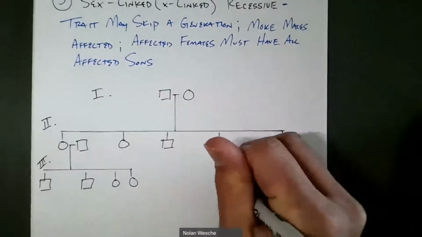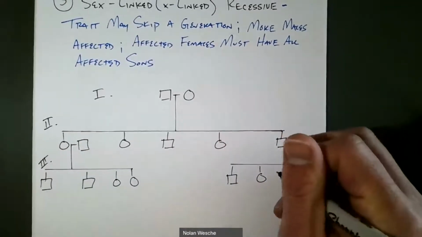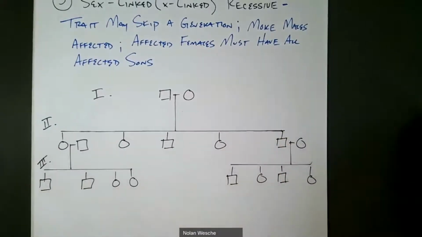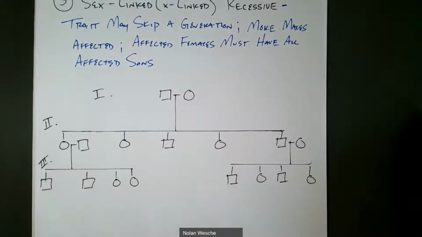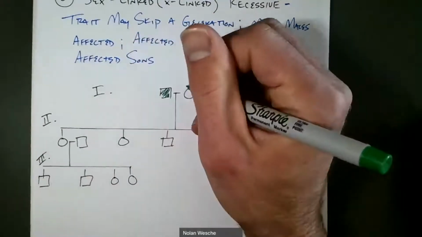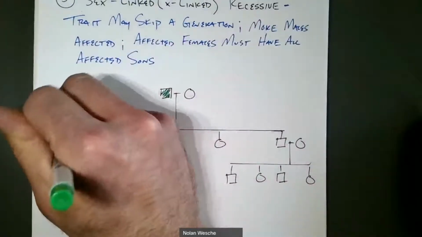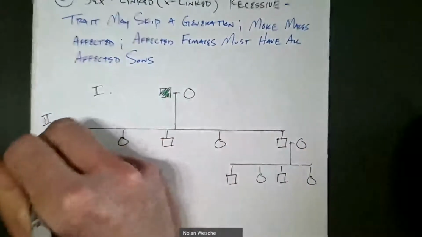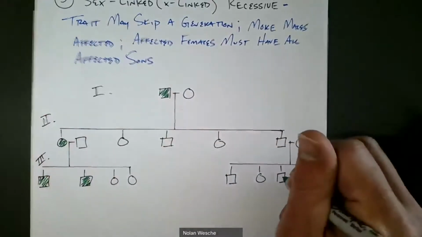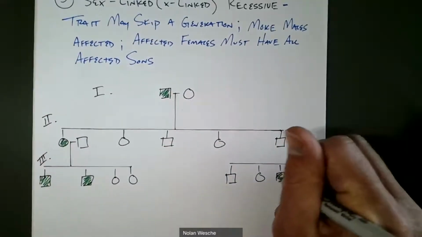Same thing over here. And then let's say the shading pattern was this. So we had a shaded male in gen 1. We had a shaded female in gen 2. 2 shaded males here. And then a shaded male like over here.